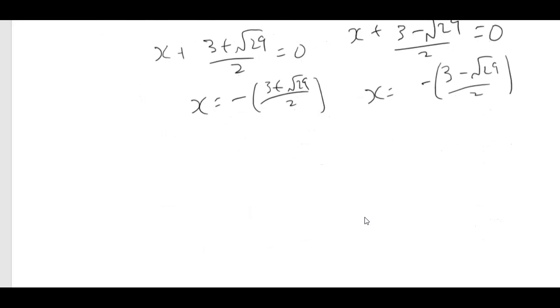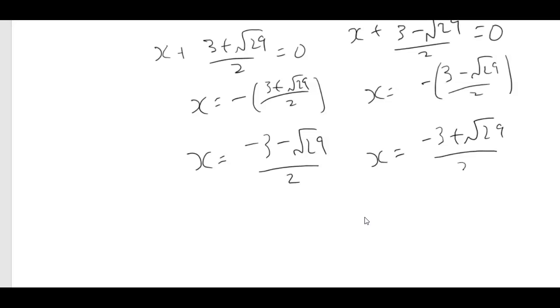Okay, and then our final answer, we're going to have x equals, when I put that negative through, negative 3 minus root 29 over 2, and x equals negative 3 plus root 29 over 2. Now, if you did it in your calculator, it might switch things around. The calculator tends to put the positive number first. So just make sure when you do something on your calculator to check the answer that you take that into consideration.